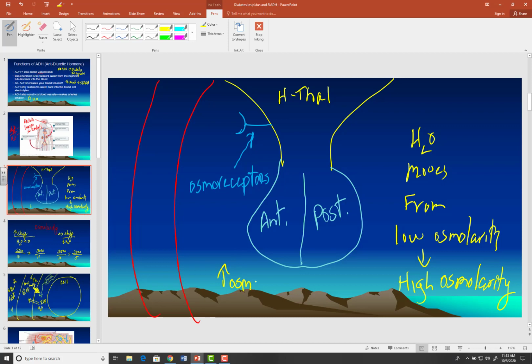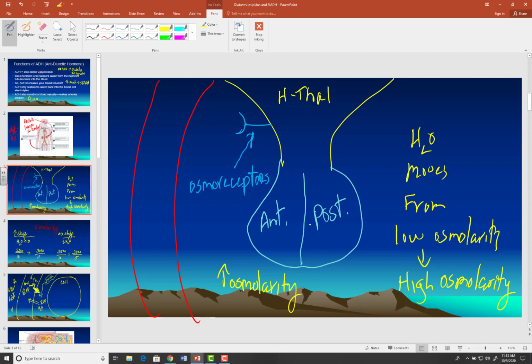We also recall that the H cell and the pituitary gland are intimately linked, right? H cell neural, pituitary gland glandular. Several things can cause the release of ADH, but it's primarily an increase in osmolarity in the hypothalamus.